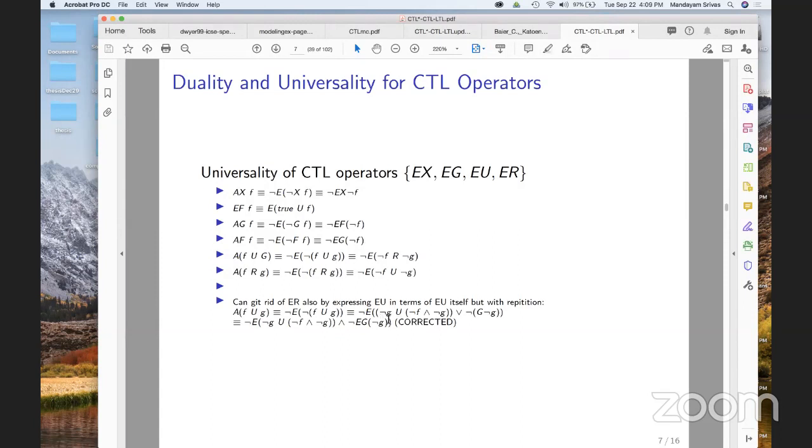Of course, there will be repeated, multiple instantiations of a particular formula when you push it.